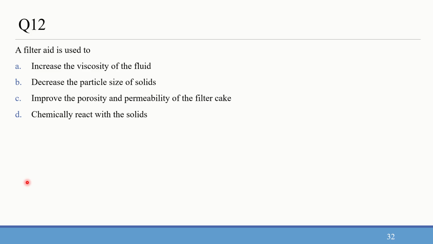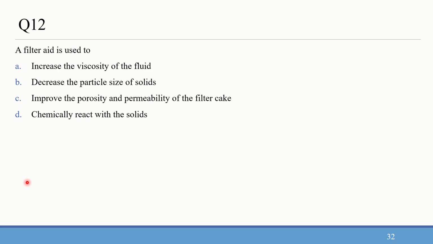It is used to improve the porosity and the permeability of the filter cake. It is widely used to remove the impurities which tend to clog the filter medium, so it is continuously dosed to the suspension to be purified.